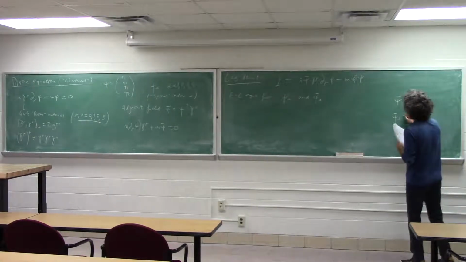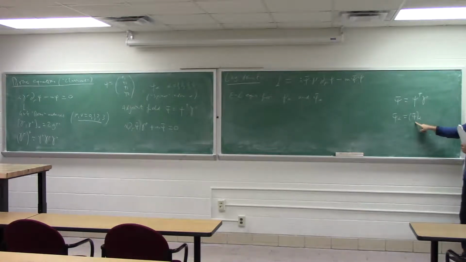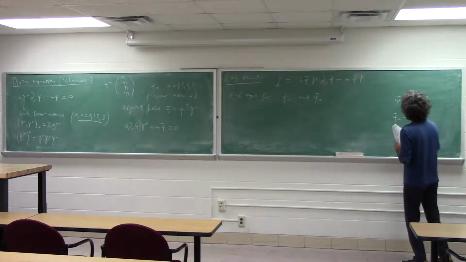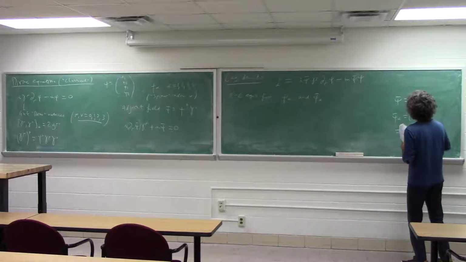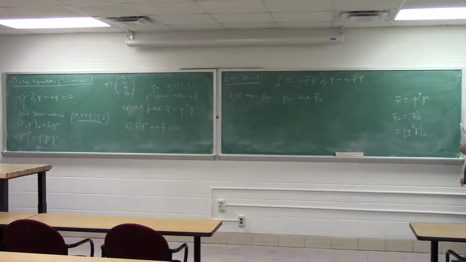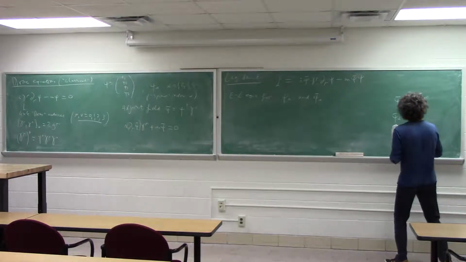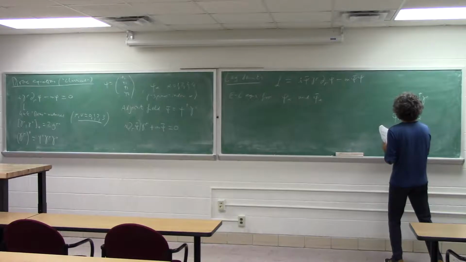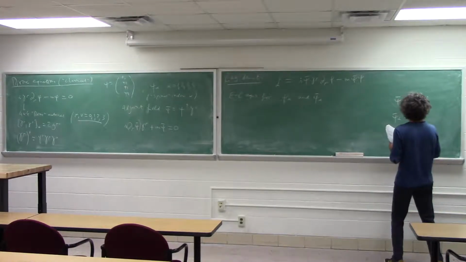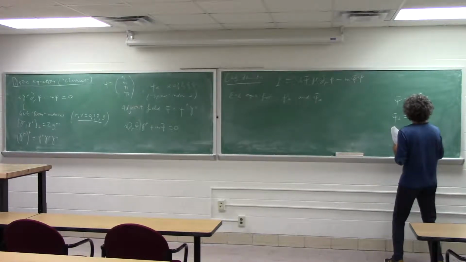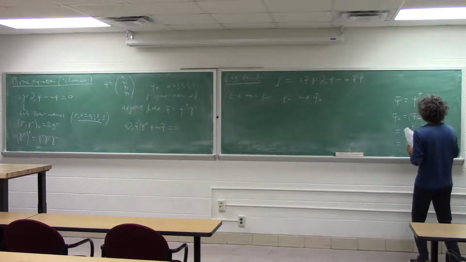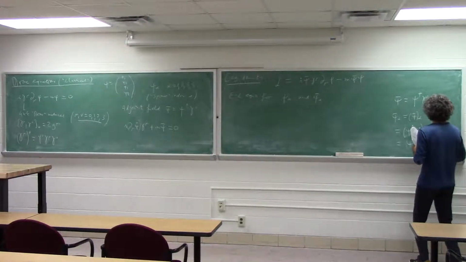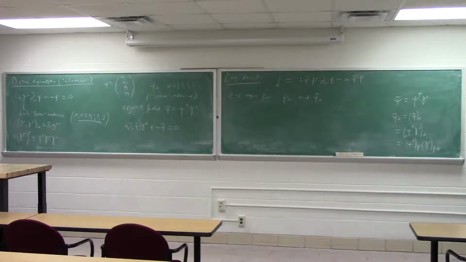We mean the alpha component of psi bar, which I can write as psi dagger beta gamma 0 beta alpha, summing over beta.